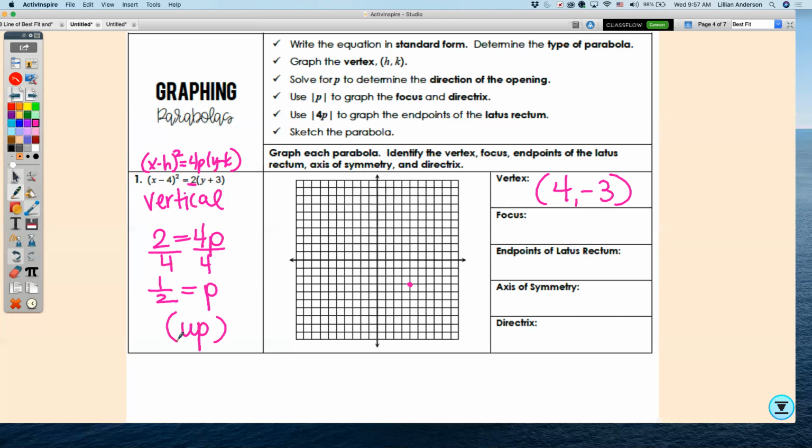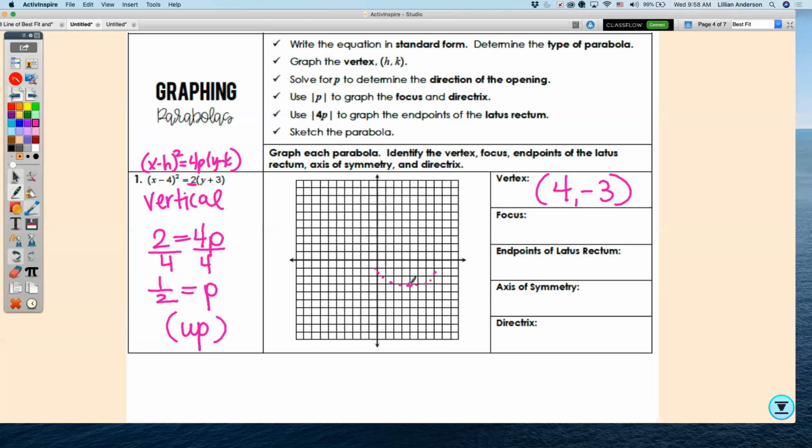Not only is the parabola going to open up, but I also know that my focus is going to be on the inside of that parabola that opens up. And the focus is going to be located 1/2 unit away from the vertex. And it's going to be on the inside.